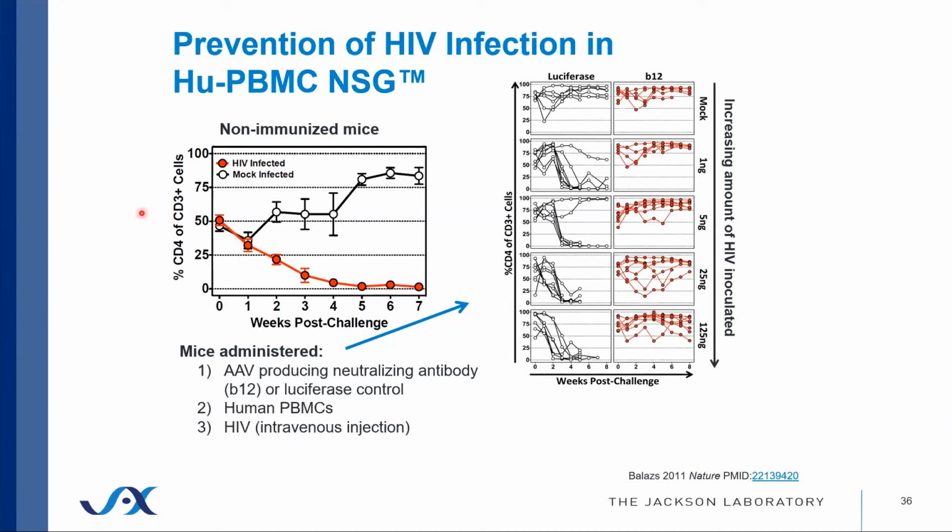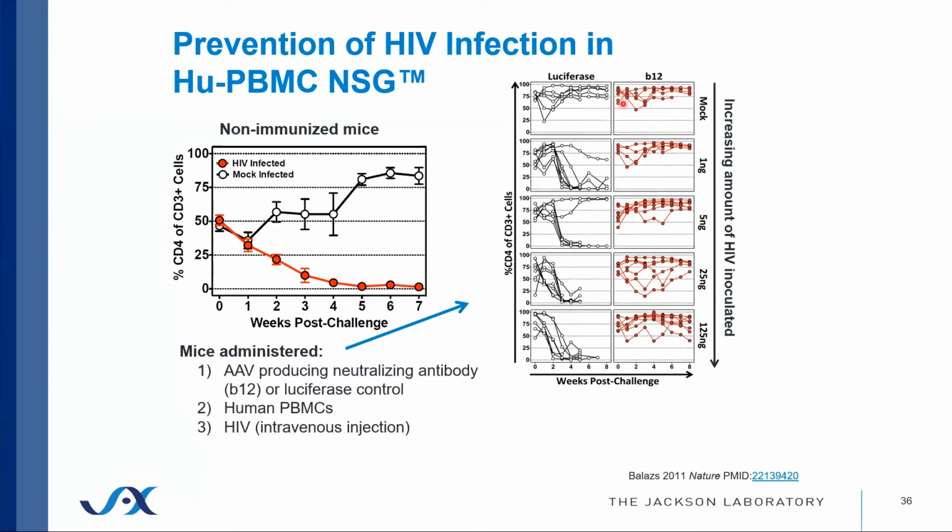So as you can see on the left graph, the non-immunized mice show a characteristic loss of CD4 T cells, which is one of the hallmarks of active HIV infection, following infection with HIV. And in the right panel, the humanized mice, the immunized mice, i.e. the B12 here, they didn't display that loss of CD4 cells.